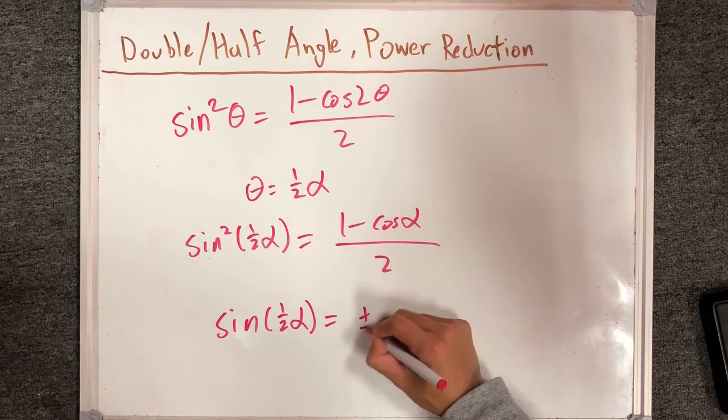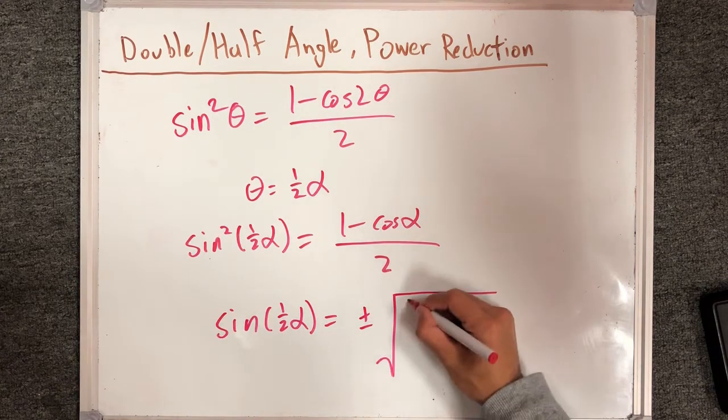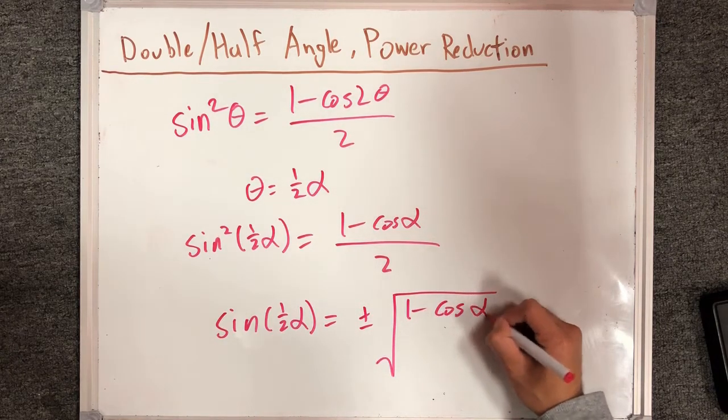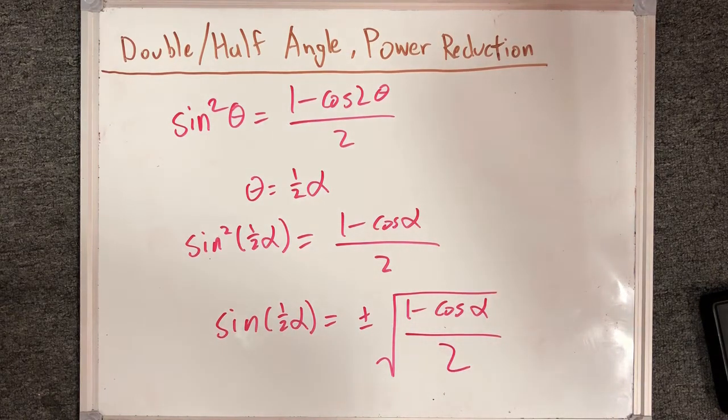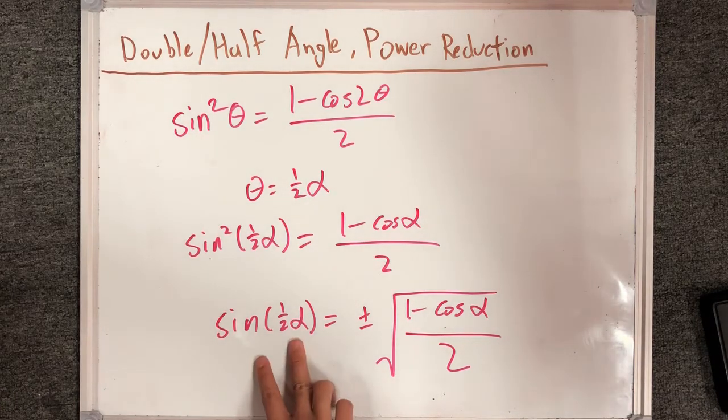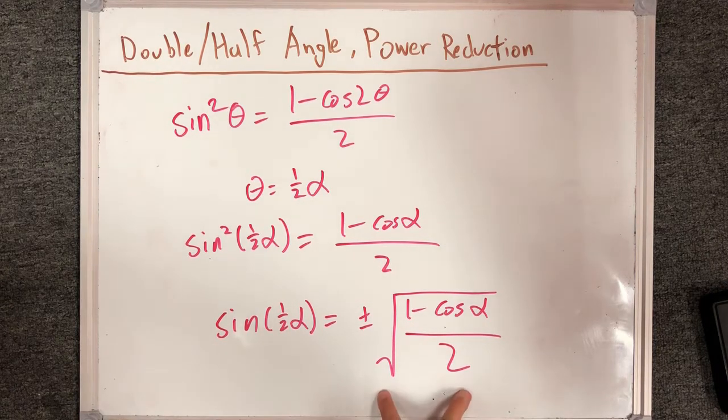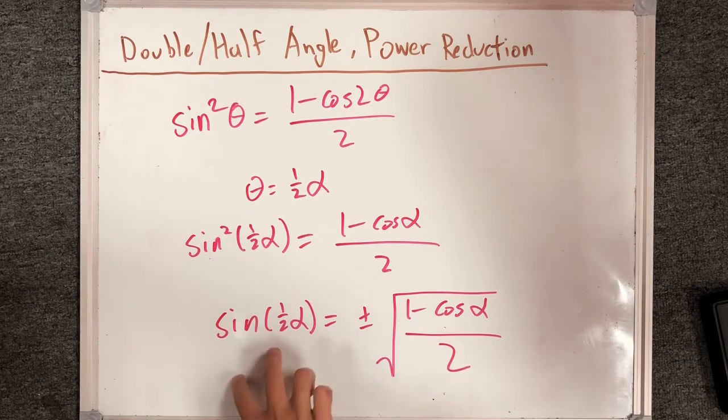This will be plus or minus the square root of 1 minus cosine alpha over 2. This plus or minus is determined by where this angle is. If this angle is in the first or second quadrant, sine will give a positive answer. If this angle is in the third and fourth quadrant, sine must give a negative answer.